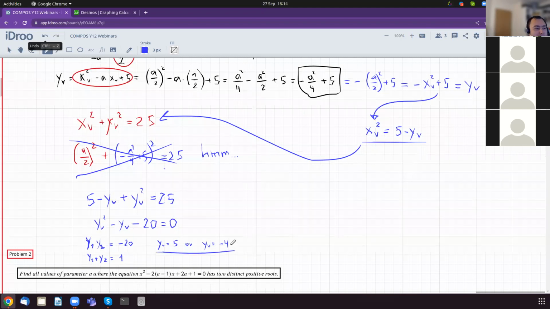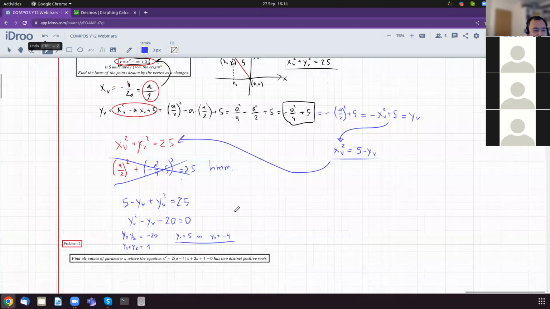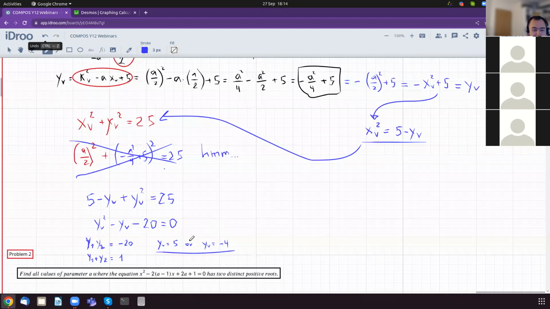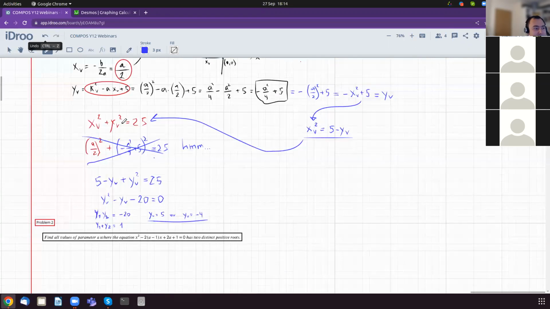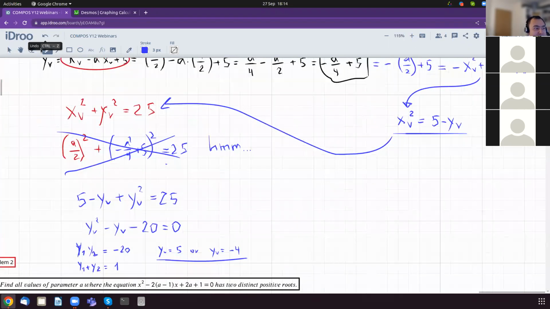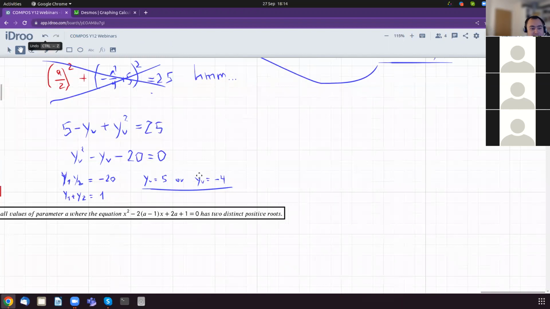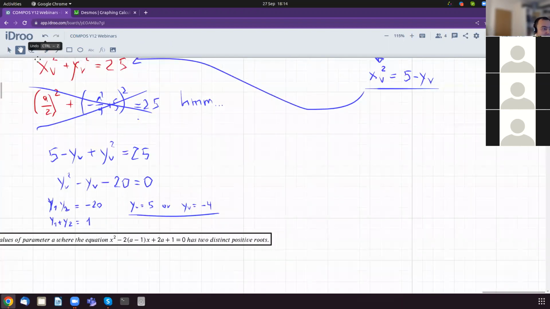But remember, we were looking for a. So your natural instinct here would be to find x vertex, and you can do it, and actually, let's do it because that way we'll find a much easier. So if y vertex is 5, we can find x vertex. x vertex squared is 5 minus y vertex.